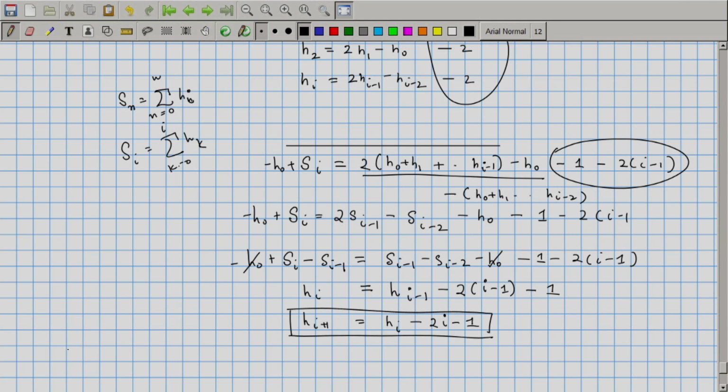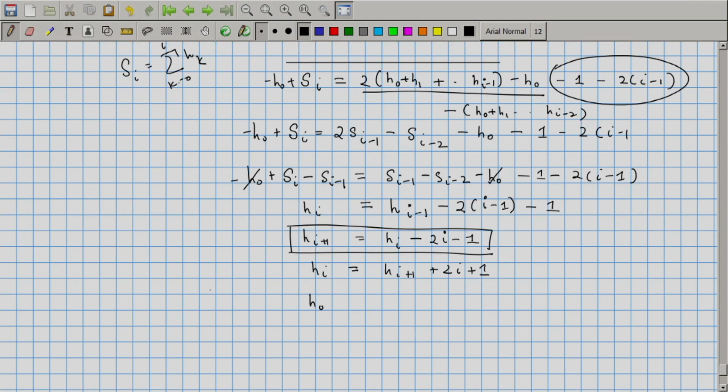Okay. So, now what is h 0? h n is equal to 0, and h 0 is what we were interested in. In other words, h I is equal to h I plus 1 plus 2 I plus 1.